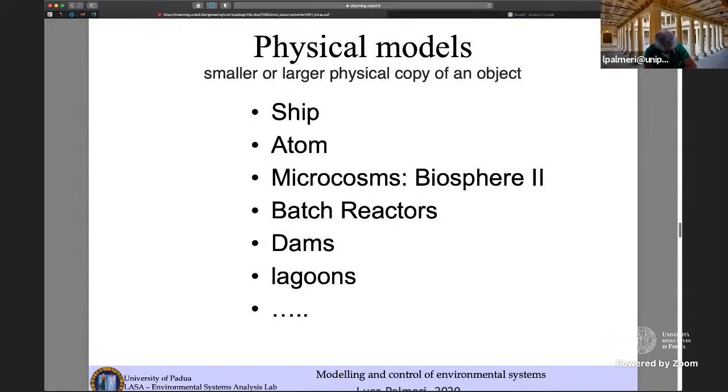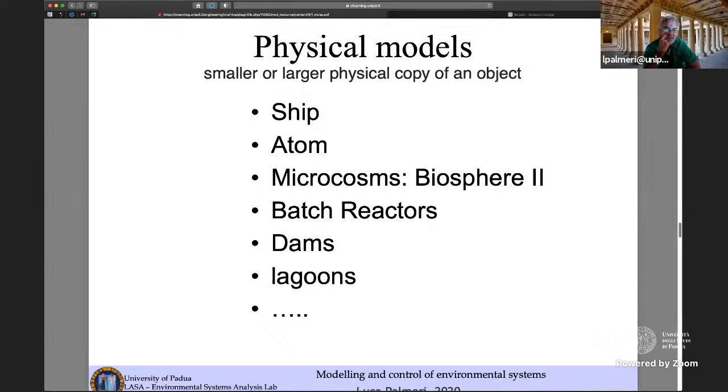Again, for the atom, instead, you use an expanded scale model in which you may physically build a structure that describes the fact that electrons are running around the nucleus of the atom.